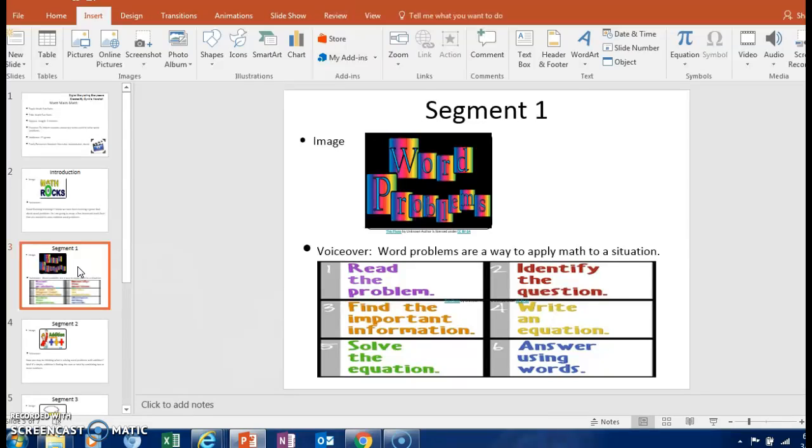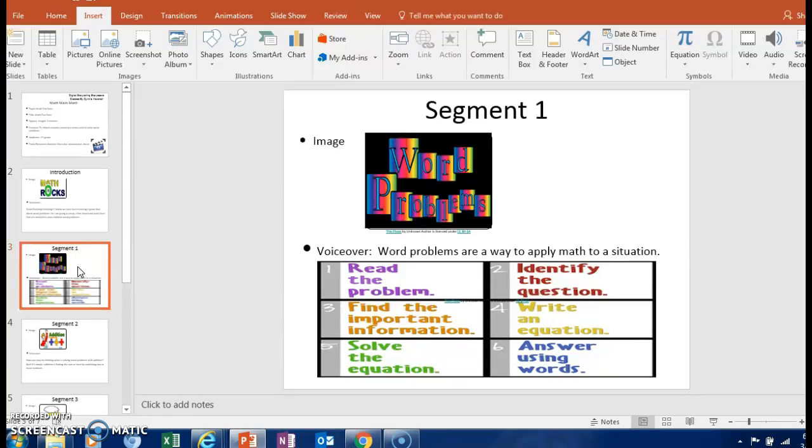When we begin talking about our word problems, there's a few steps that we need to discuss so everyone will understand how to apply math in a situation. When you have a word problem, the first thing you want to do is read that word problem. Then you want to identify the question being asked.